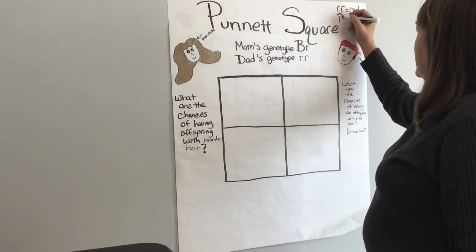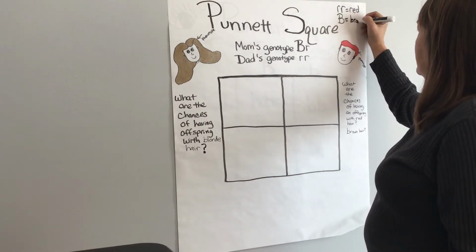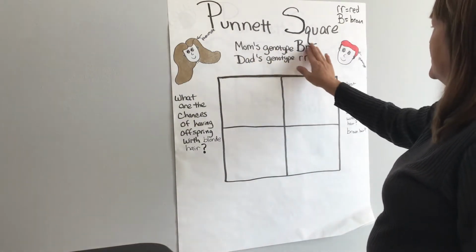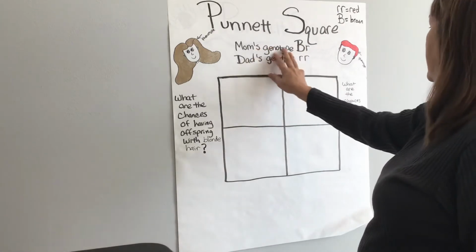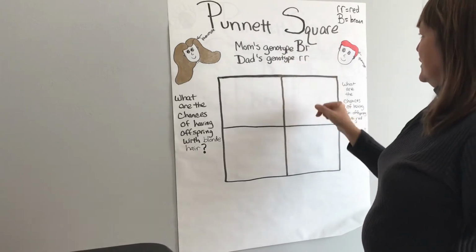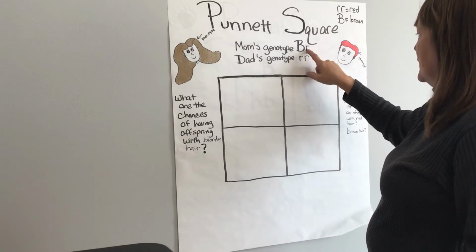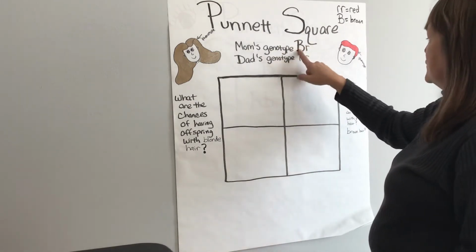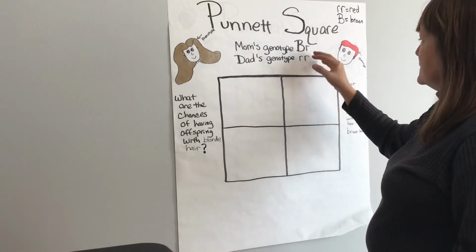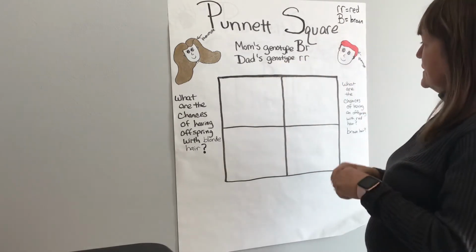And then the capital or dominant is representing brown hair, okay? All right, so we know mom's genotype and we know dad's, so let's just look at it. If you didn't have the picture and you just had their genotypes, you could tell that mom had brown hair because she's a carrier for red hair. And dominant is stronger, so she's going to have brown hair. And dad's genotype, the two r's, the lowercase r's, are recessive, and them combined means that dad has red hair.